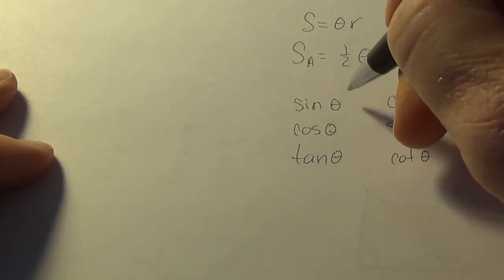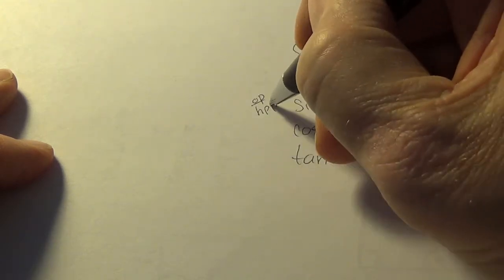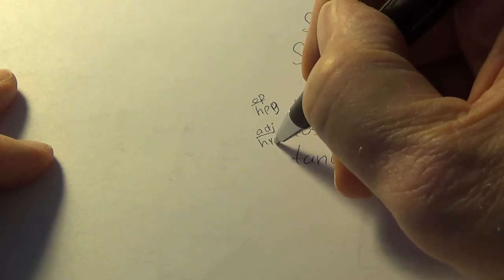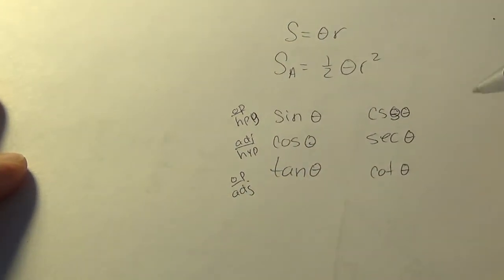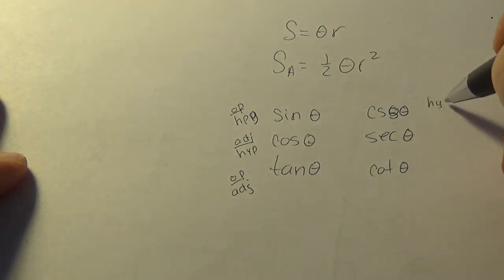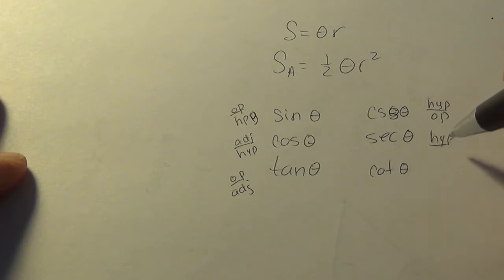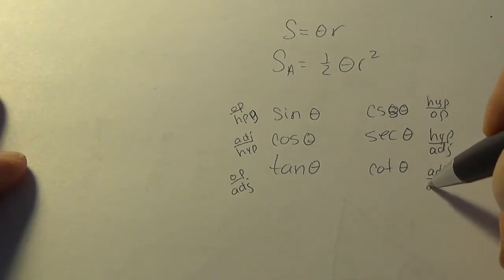Let me write that out. This one is opposite over hypotenuse. This one's adjacent over hypotenuse. This one is opposite over adjacent. These are the flips. So we're going to have hypotenuse over opposite, hypotenuse over adjacent, and adjacent over opposite.